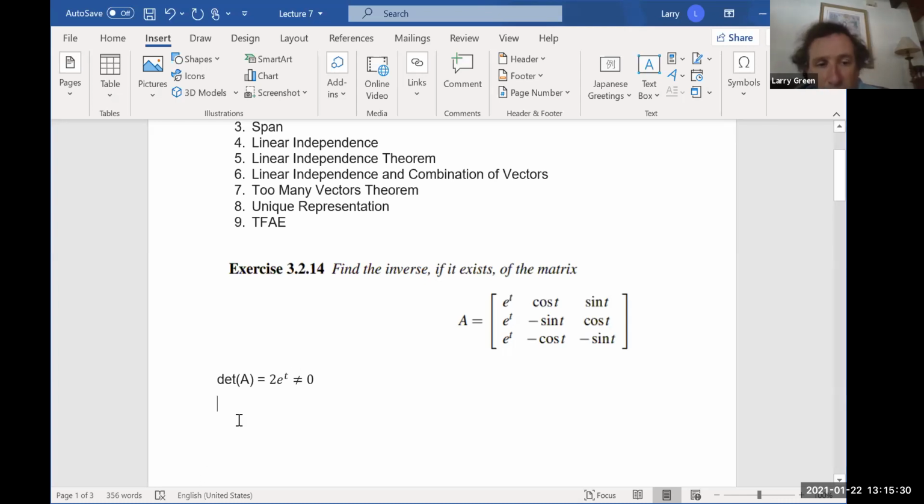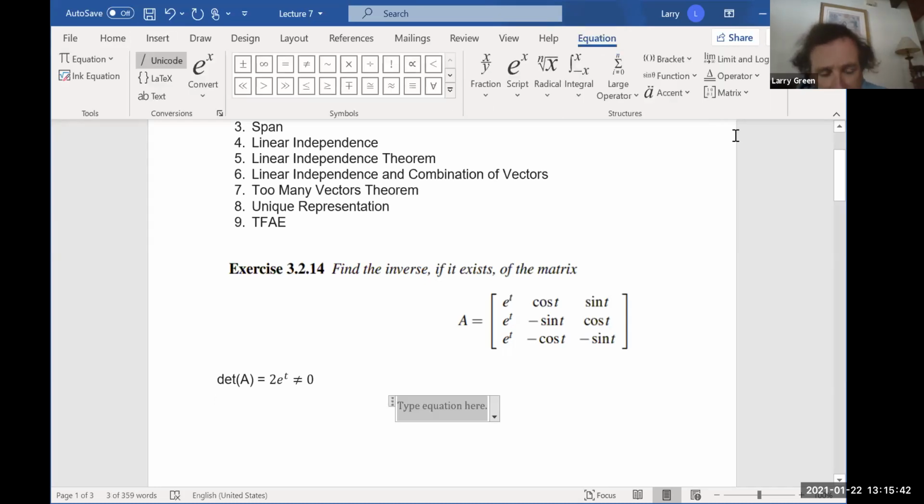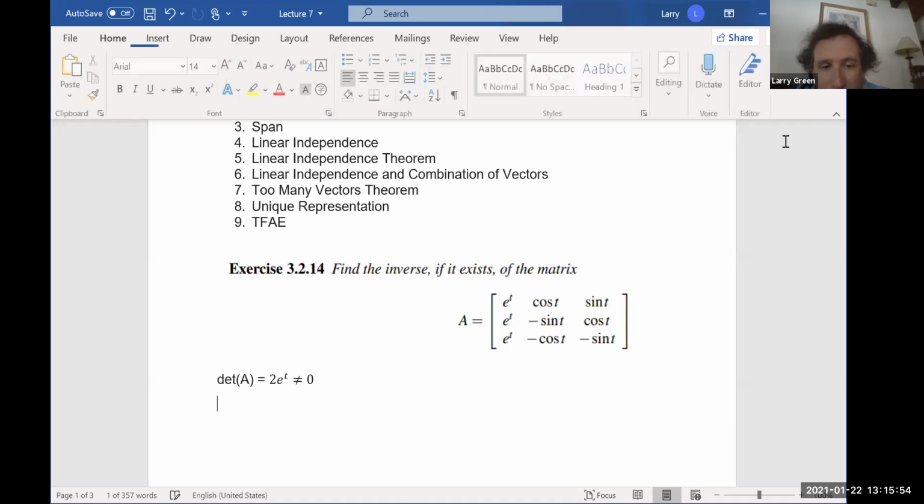Okay, so what we do is, I'll just call it A11 and do one little piece at a time. Yeah, exactly. We're going to find the cofactor matrix to find the adjoint. So I'm going to call it A11. Maybe I'll call it C11 for cofactor.